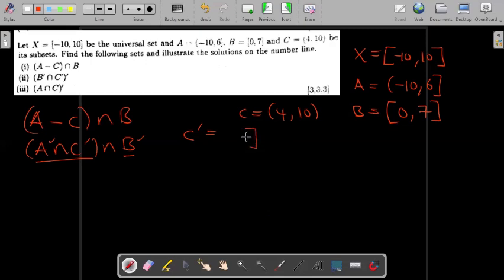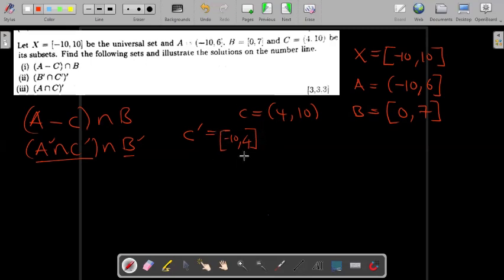So from 4, going down to what? What's the least value in the universal set? It's -10. So all the way down to -10 is going to be part of C complement. Since we are saying the complement of a set, all values that are not in that set but belong to the universal set would be the complement.